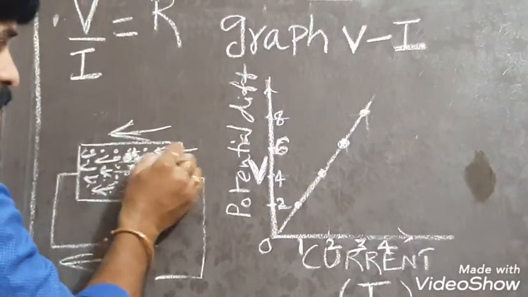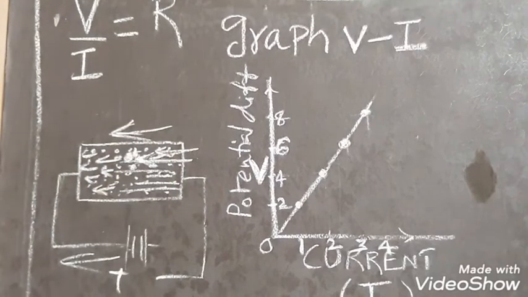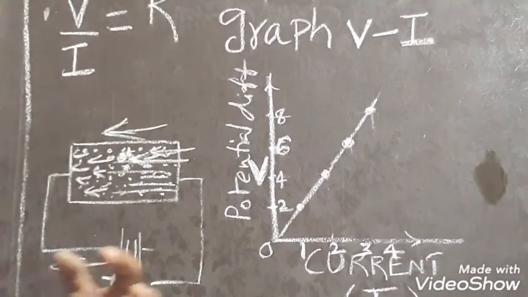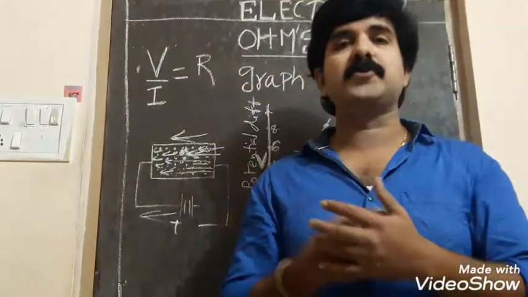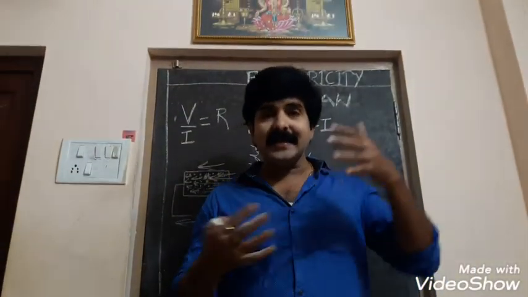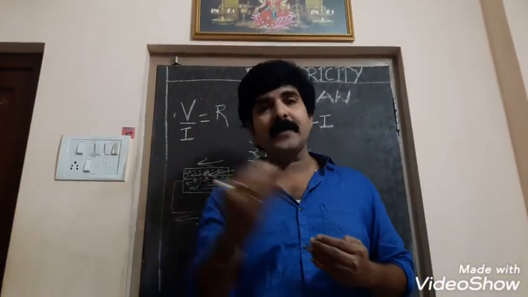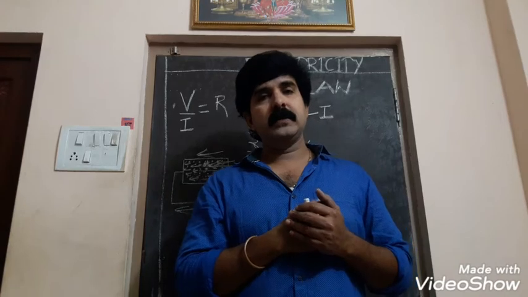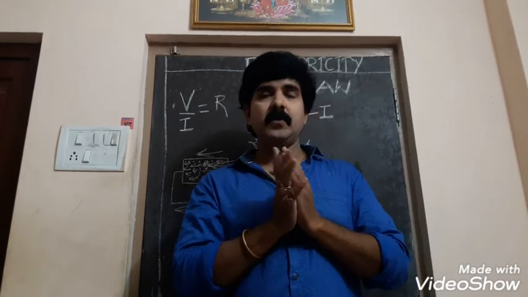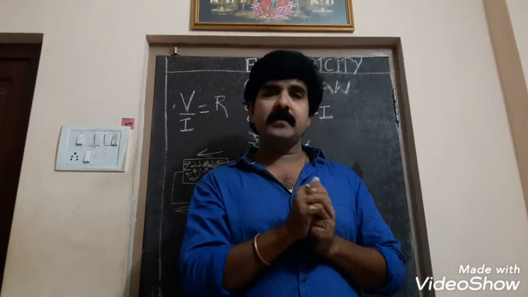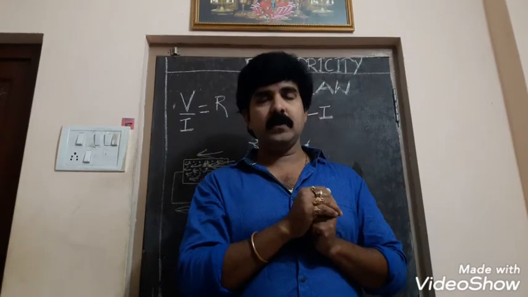It is not giving place to these electrons to go. In this way, the way will be obstructed for the coming electrons. That is the reason why that particular conductor offers resistance.